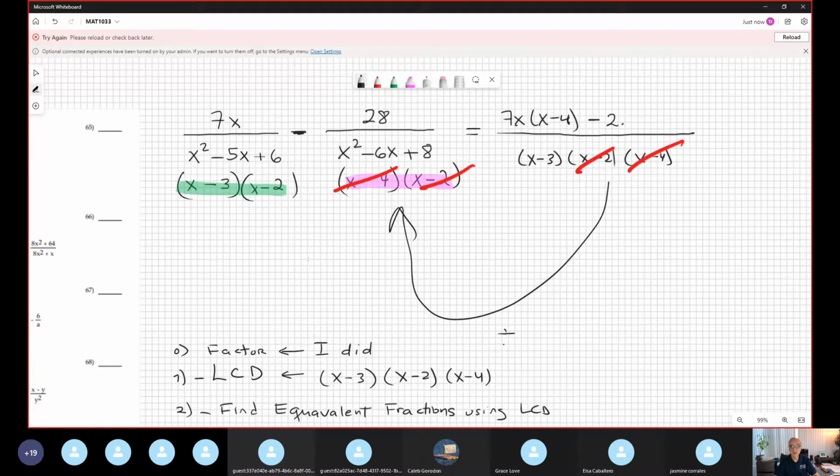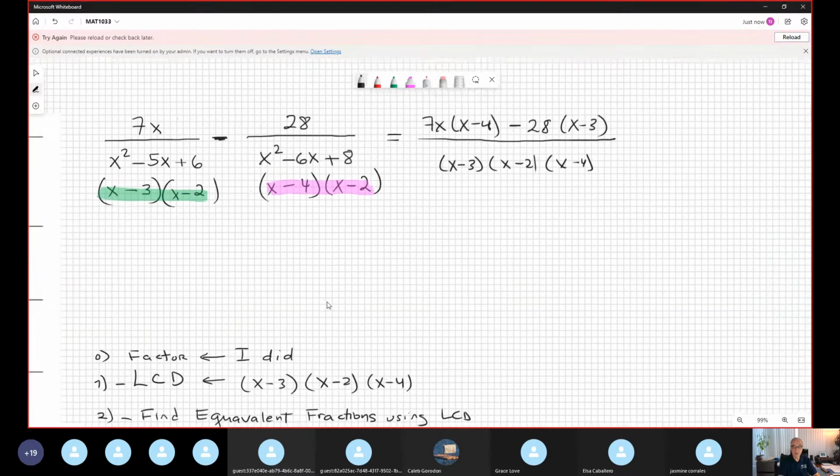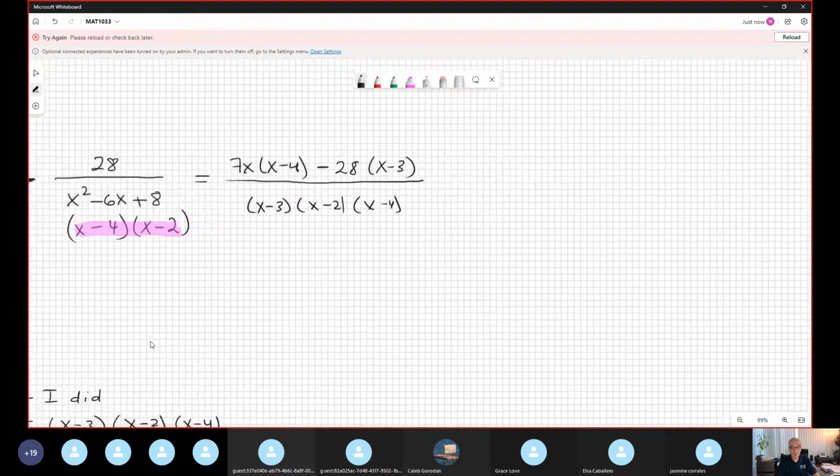So basically 28 times x minus 3. Do you follow me, this idea? It's confusing, and the students, I don't know why, forget this part. Okay, the rest is algebra. What kind of algebra? Distributive and combine later.